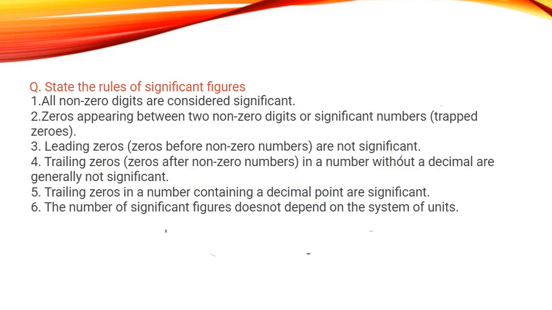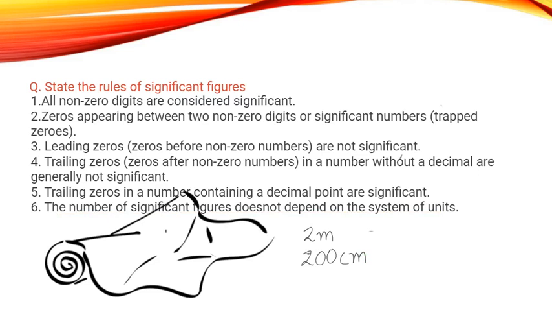And the final rule is that the significant figures do not depend upon the system of units. So suppose you are buying a cloth and this cloth length measures 2 meter. If you write it in terms of centimeter, it will be 200 centimeter. So in the first case, what will be the significant figure? 2.